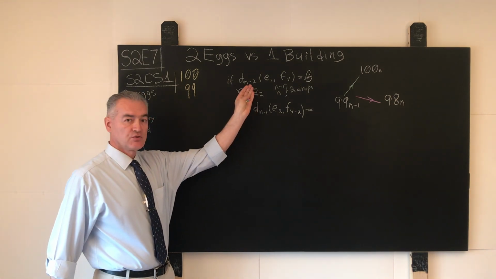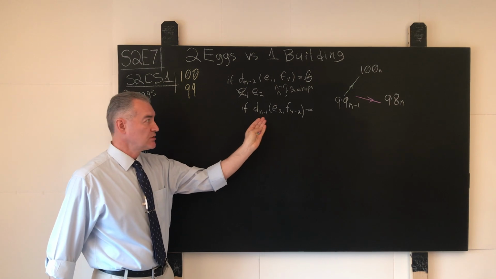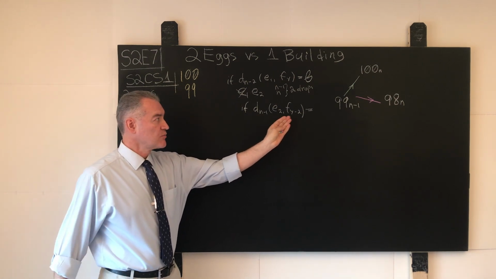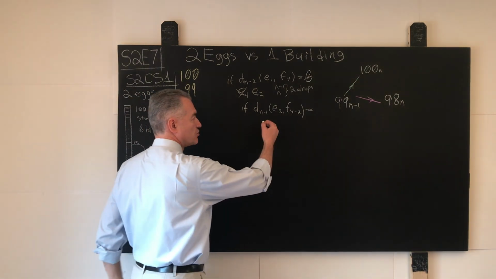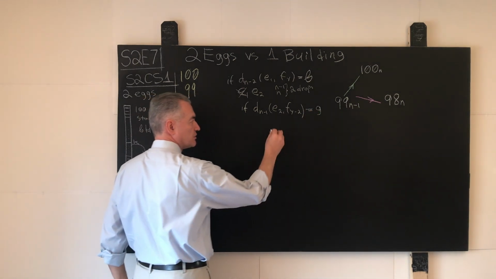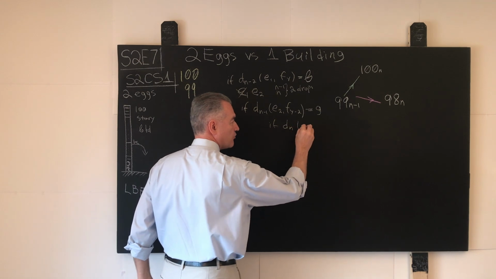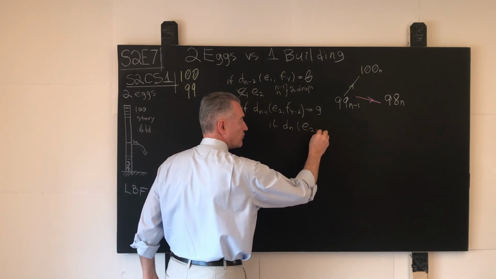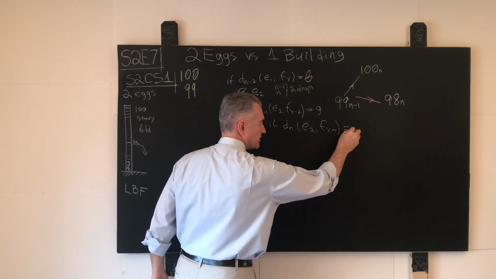Remember that we executed the drop n-2, so right now we're executing the drop number n-1 with the egg number 2 from the floor f sub y-2, and if that drop is good, then we execute the drop number n of the egg number 2 from the floor f sub y-1, and we analyze the result.